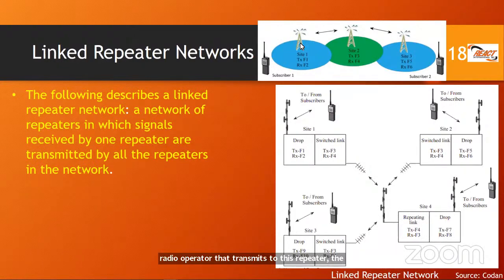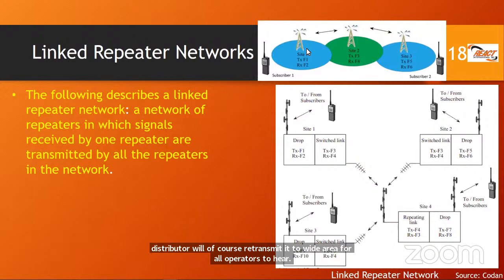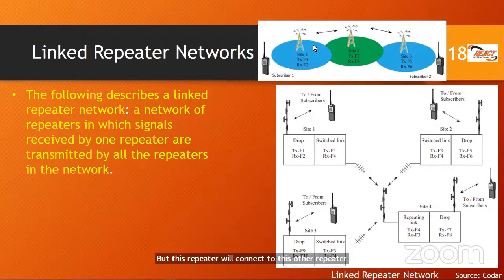But this repeater will connect to this other repeater and send the signal, usually over some backhaul link such as RF or internet. And this repeater will also transmit the same signal, and so on for all of the repeaters in this network. So that's what we mean: the signal received by one repeater will be transmitted by all of the repeaters because they are linked. And this is the exam question.